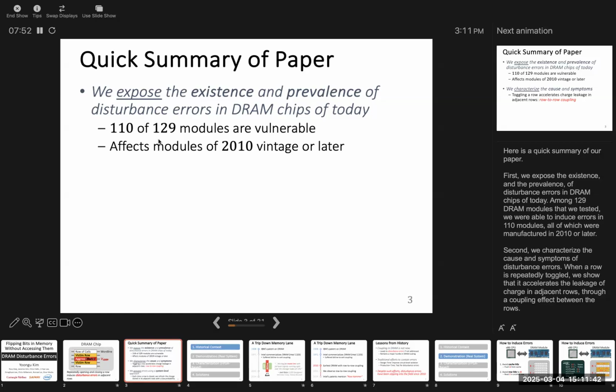So what does it mean? It means that if an attacker knows that by repeatedly closing and opening the same row, the row which belongs to the attacker, the attacker can corrupt data on so many systems that are deploying these 110 memory modules.